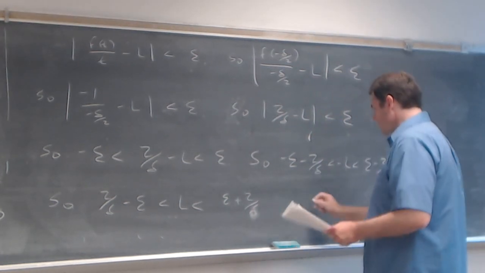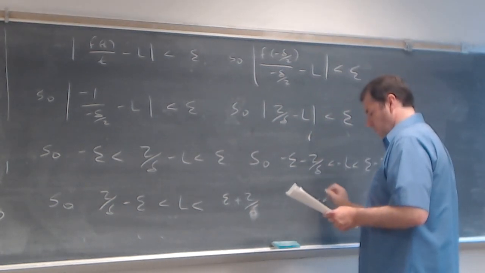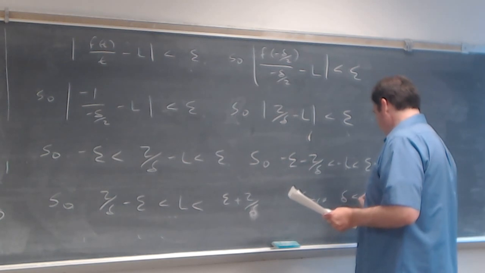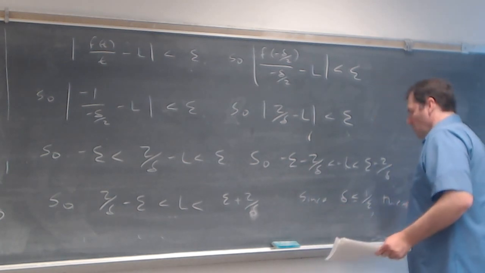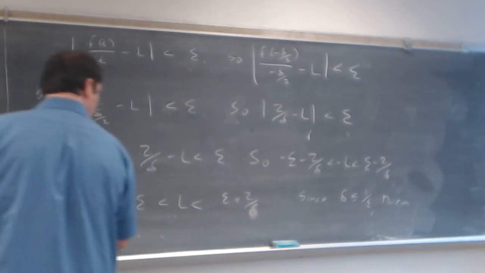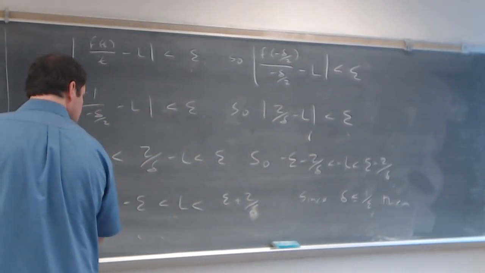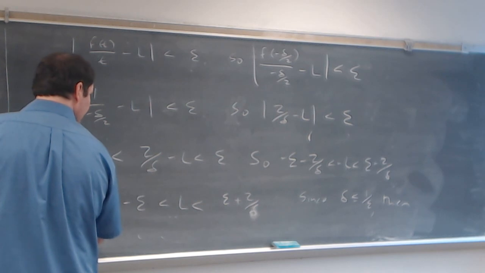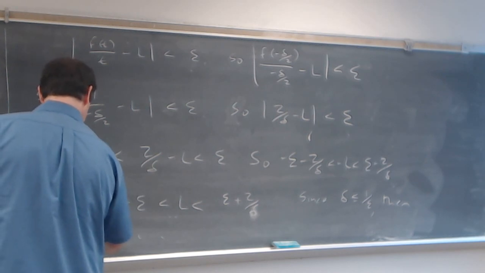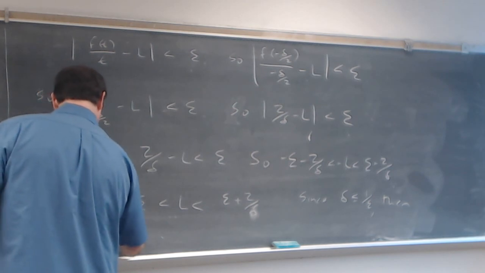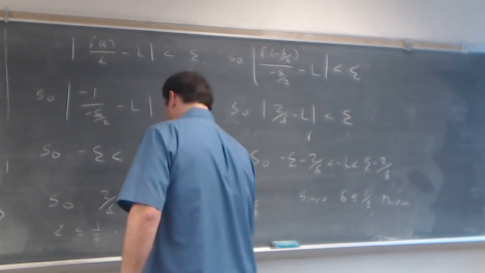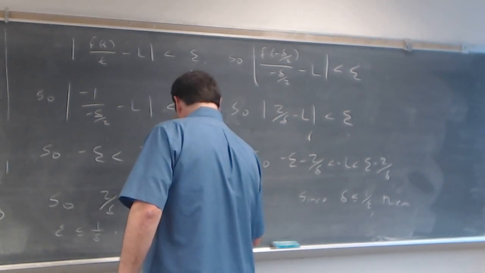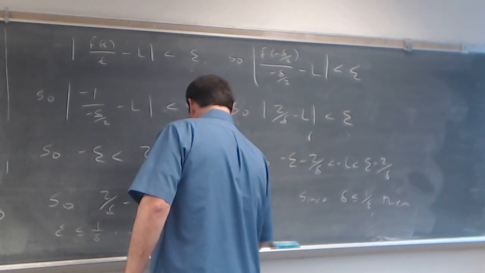Now, don't forget, delta is less than or equal to 1 over epsilon, so what we get is that epsilon is less than or equal to 1 over delta. So that says that 2 epsilon is less than or equal to 2 over delta.